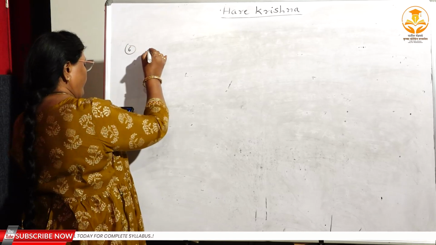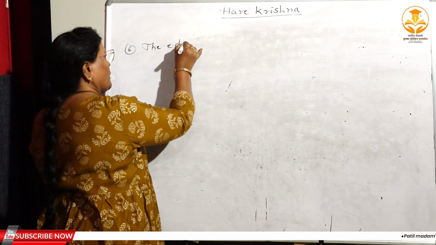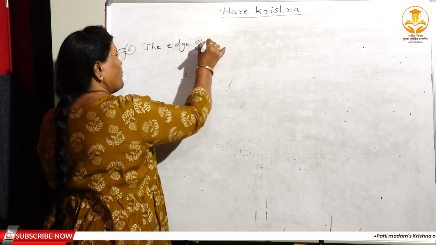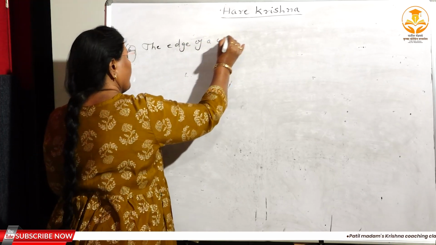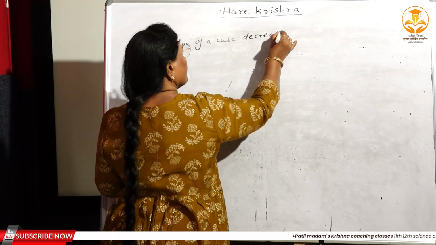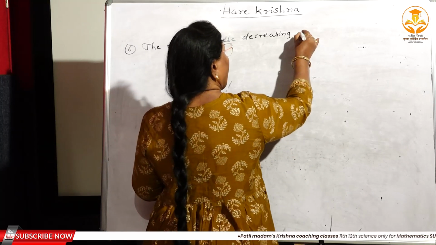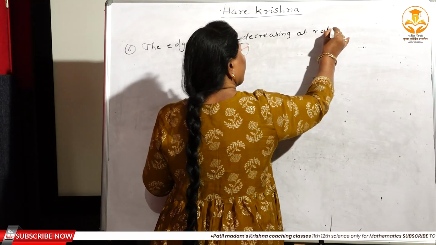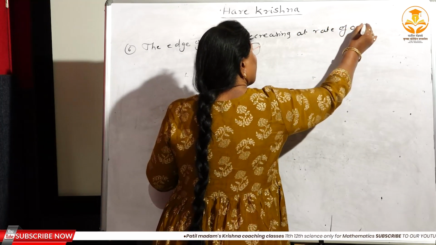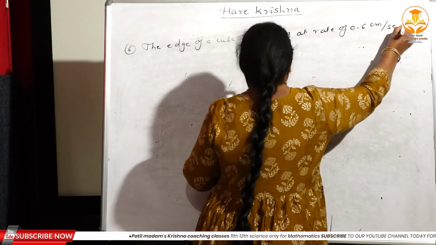Sixth one. The edge of a cube is decreasing at the rate of 0.6 centimeter per second.